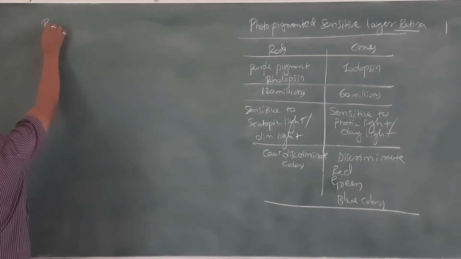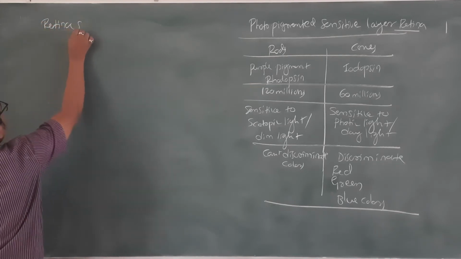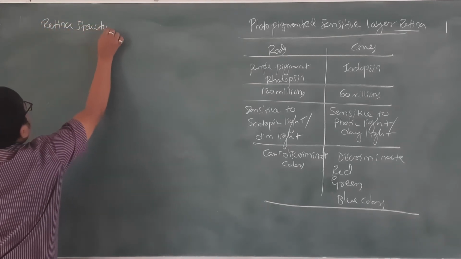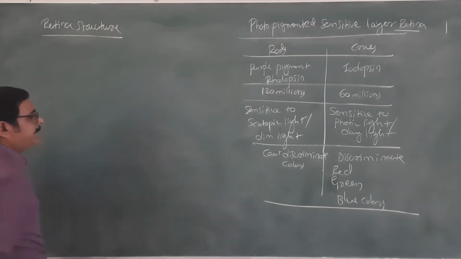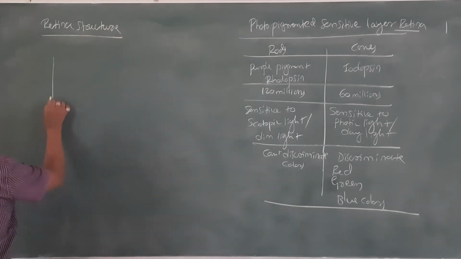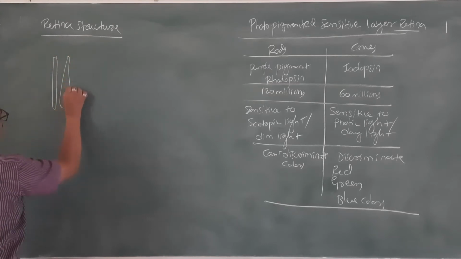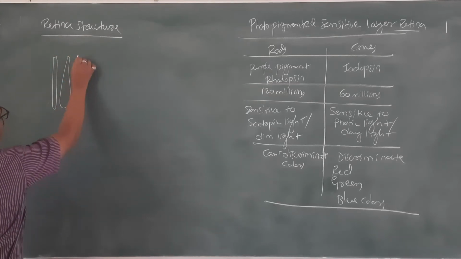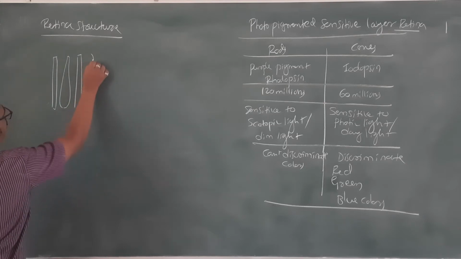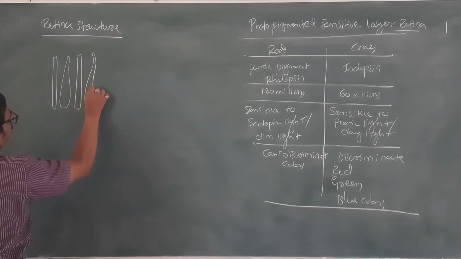Retina structure reveals that there are rods and then here is the cone. Again the rod, again the cone, alternating like this.